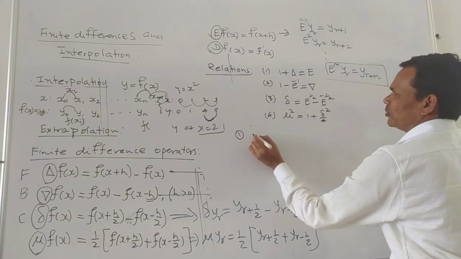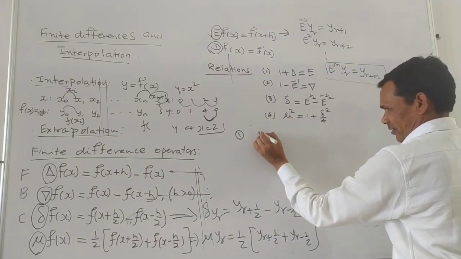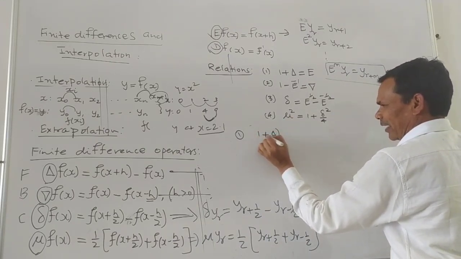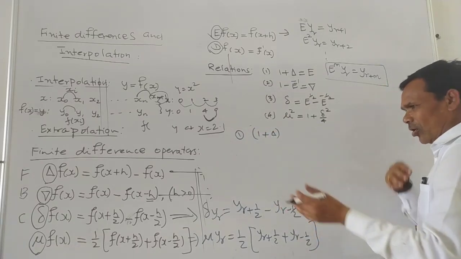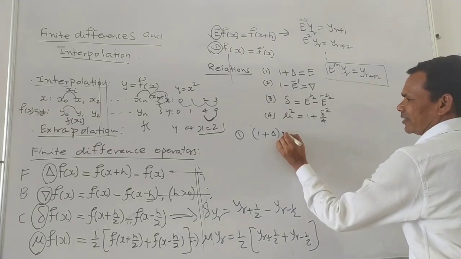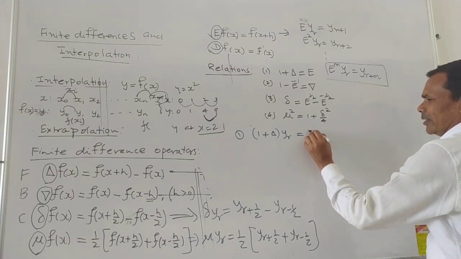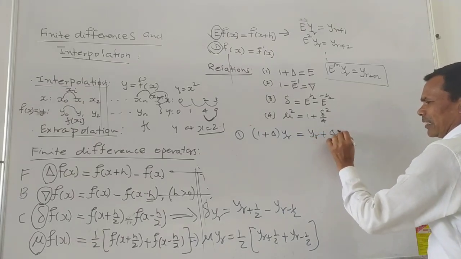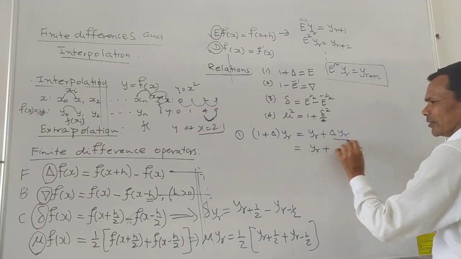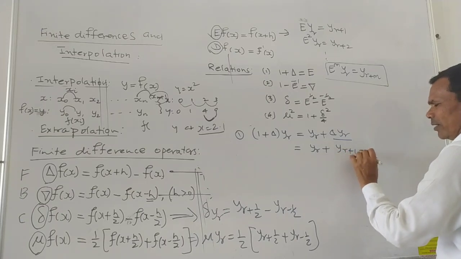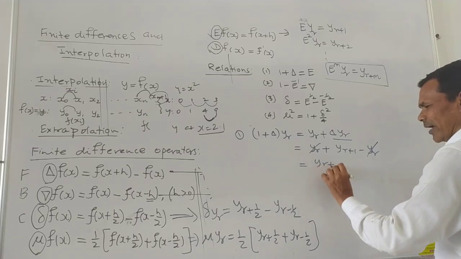Now the first one, if you observe, is 1 plus delta is equal to E. I consider the LHS, 1 plus delta. You can consider f of x, you can consider y r, abscissas or ordinates, it doesn't matter. So I write this as 1 plus delta y r, which means y r plus delta y r. Now y r plus delta y r means y r plus y r plus 1 minus y r. Now this gets cancelled, and you get y r plus 1.